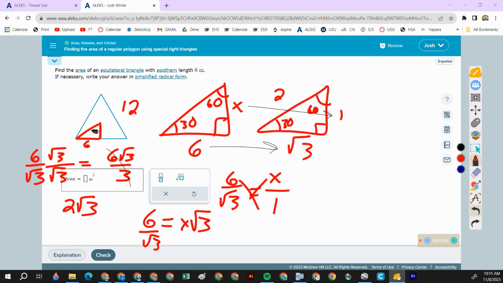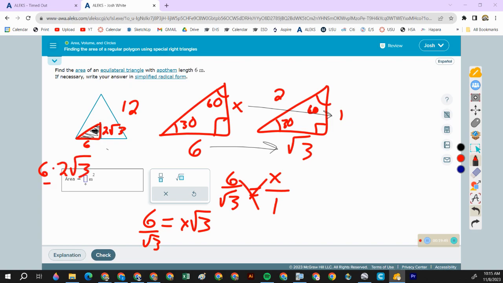So the apothem is 2 root 3, which means the area of this little triangle is 6 times 2 root 3 over 2. You can cancel those. So the area of that triangle is 6 root 3, but if I count them up, there are 6 of those. So we get 36 root 3.